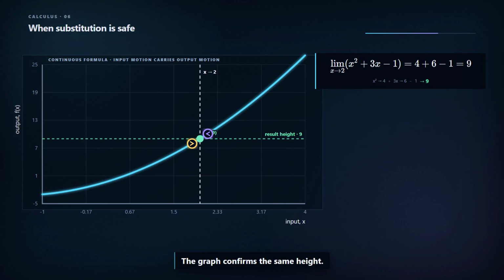The graph confirms the same height. Limits preserve ordinary combinations of continuous behavior. Sums and differences, products, powers, and roots wherever the root is defined. A quotient also behaves normally only when its denominator does not approach 0.